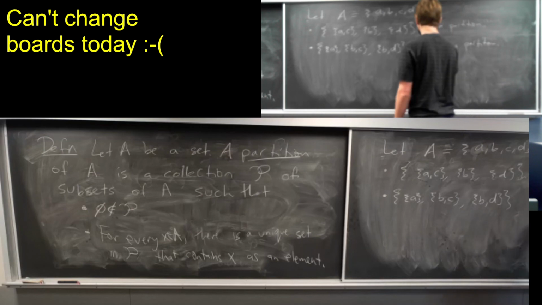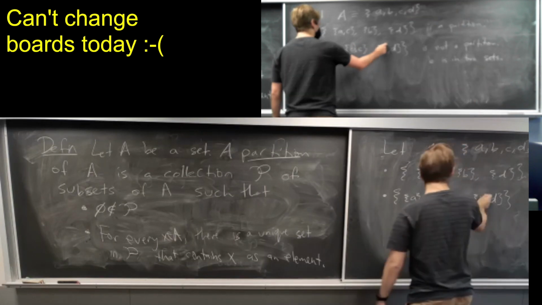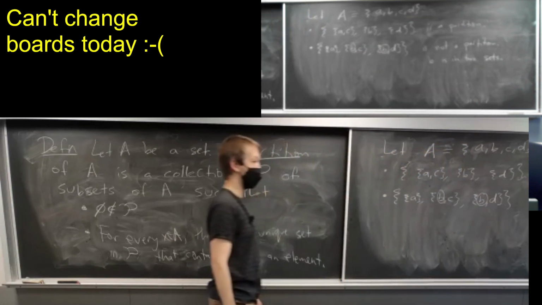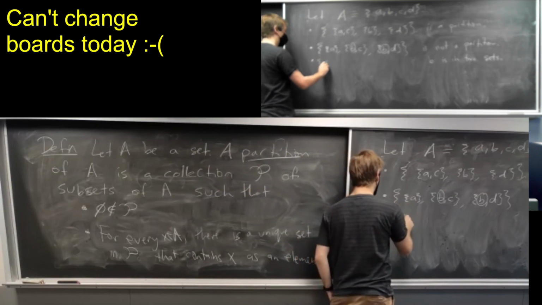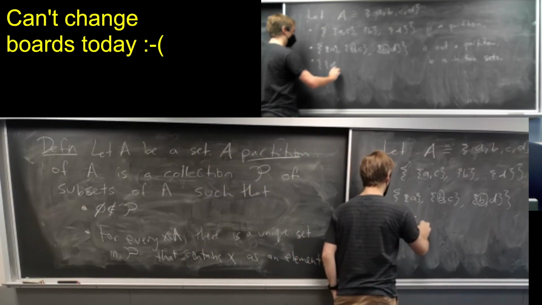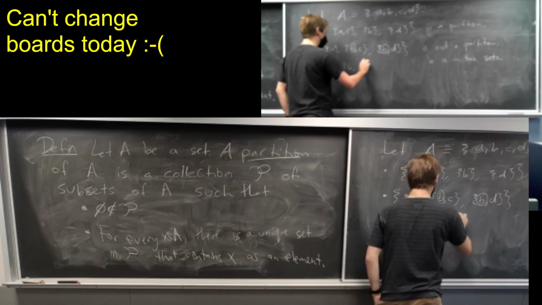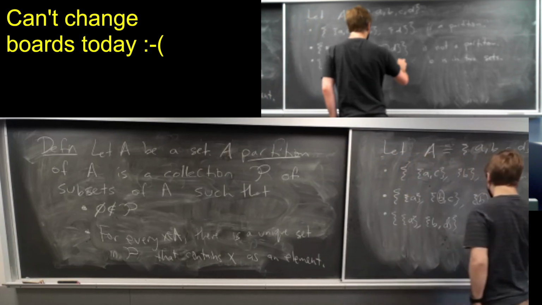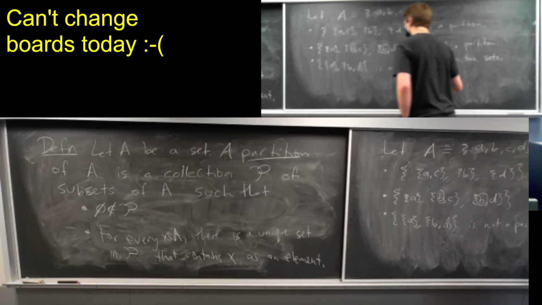The reason is B is in two sets, but every element is supposed to appear only once. Another non-partition would be if I take {{A}, {B, D}}. It's not a partition because C doesn't appear.